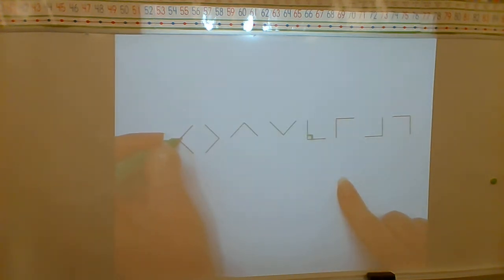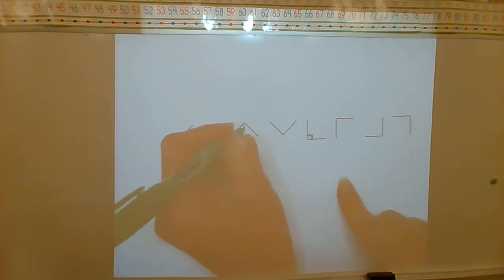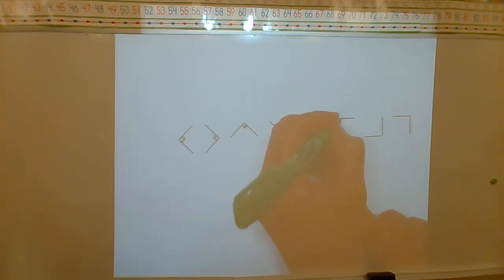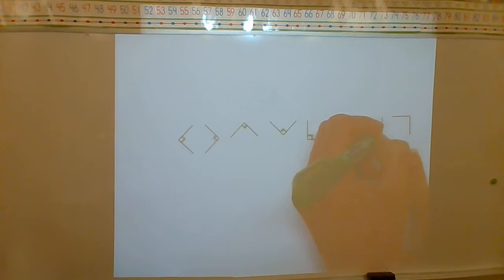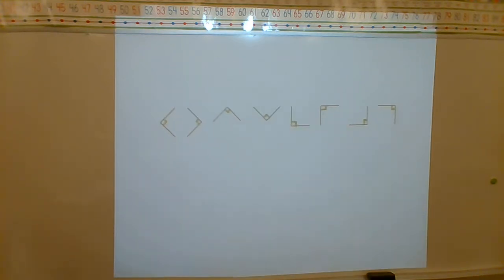This is also a right angle, so I make a little square there. This is a right angle, so I make a small square there. Guess what? These are all right angles, so I use the right angle symbol. Say it with me. The right angle symbol is to draw a small square.